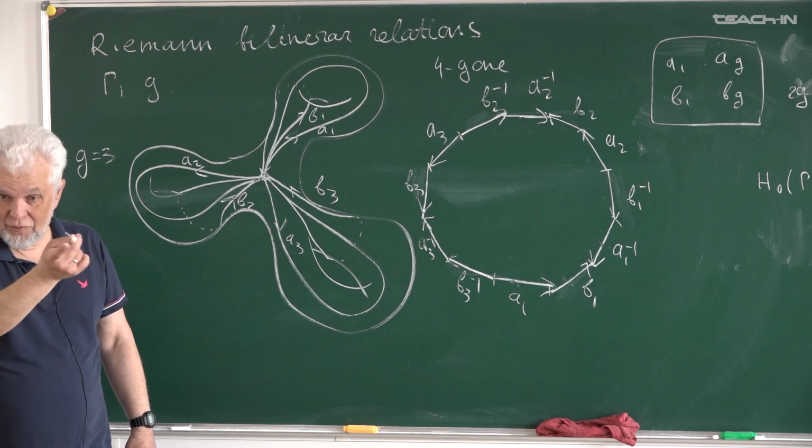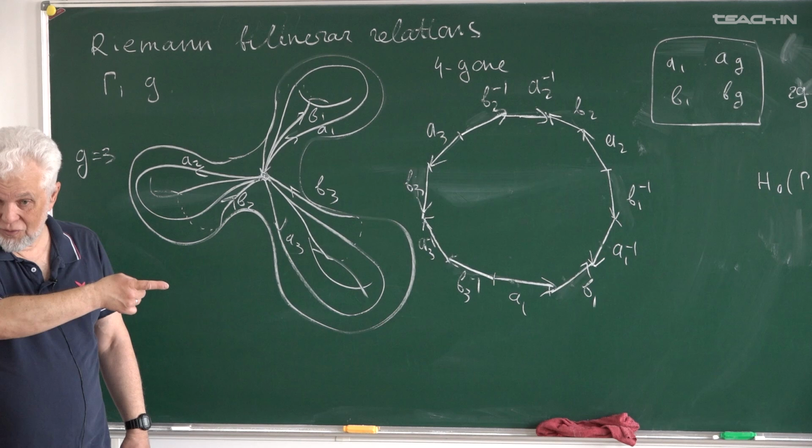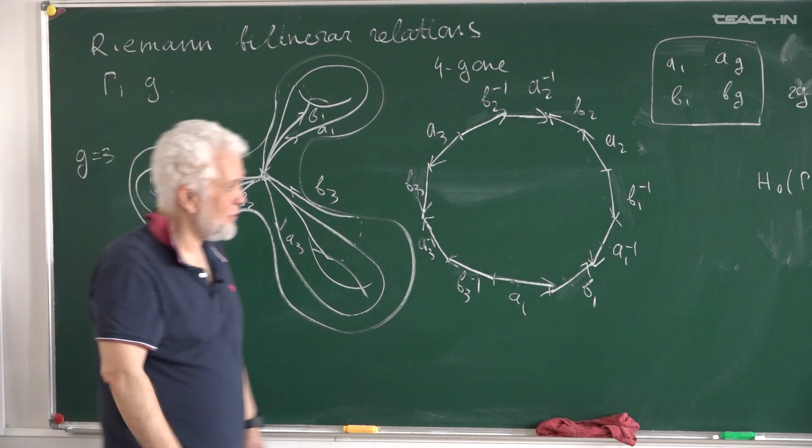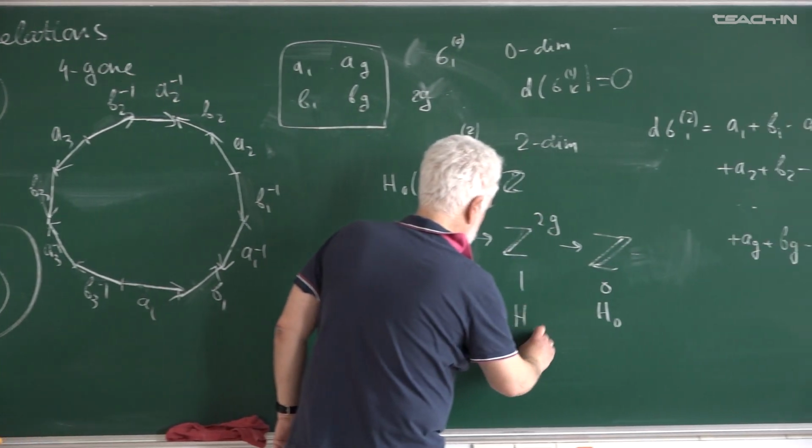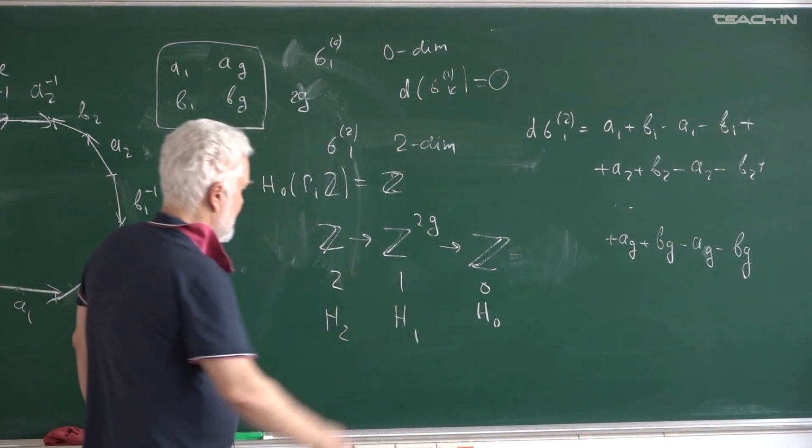Kernels coincide with the whole space. Image is 0. Therefore, it's H0, H1, H2. I agree.